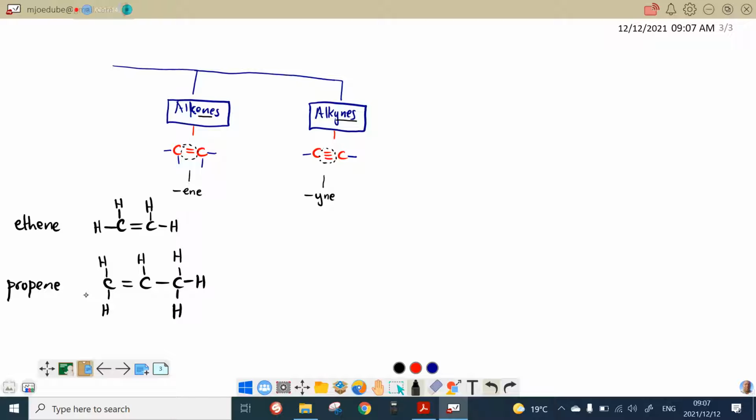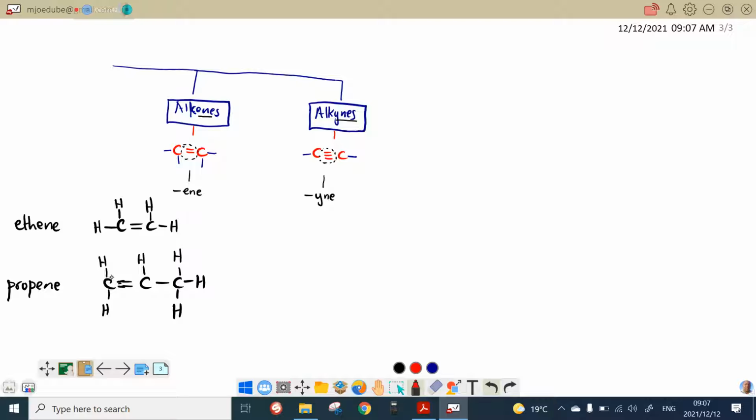So here when you name these compounds, you've got to look at the position of the functional group, which is the double bond in this case. Where is that carbon double bond? It's on carbon number 1. Now, with the naming, you always give the lowest number to the carbon that is closest to the functional group. So in this case, the functional group is our double bond.